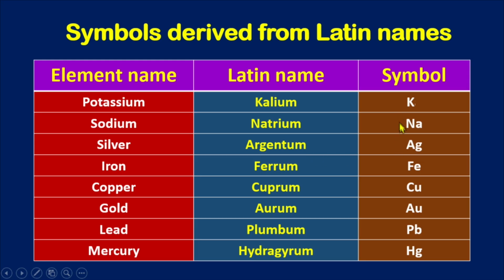So, hence the symbols are different. For potassium it is K, for sodium it is Na, for silver it is Ag, for iron it is Fe and others also similar to their Latin names. So, children, I hope you understood how we got the symbols and how we got the element names and their symbols.